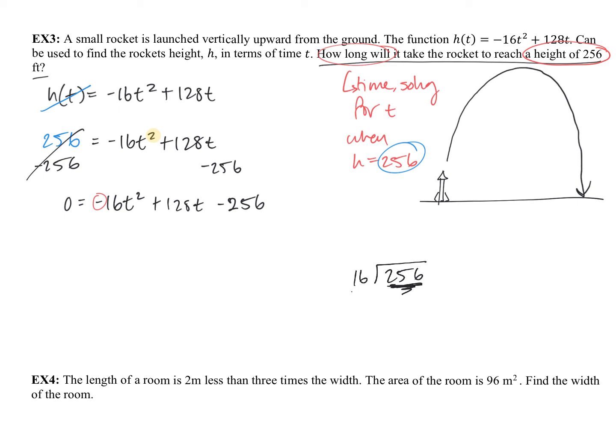Think. 16 is close to 20, right? And there are how many 20s in 100? There are 5 20s in 100, right? So 5 20s give me 100, which is close to 256. So let's do, once again, I'm really approximating here. This is just my brain work thinking.